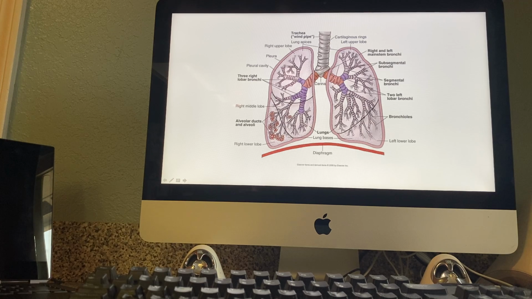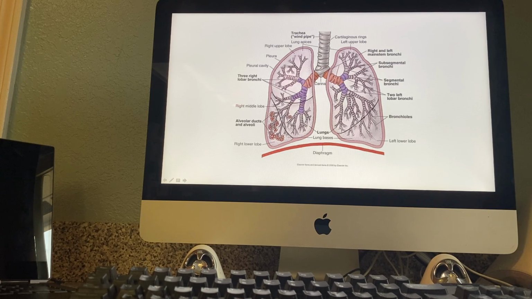On the left side, we have our left main stem, and then it separates into 2 lobar bronchi, so it goes here, up and down. Super easy. Fissures, here's the horizontal fissure, and like we said, that separates your right upper from your right middle lobe, and then here's your oblique fissure, and that separates your middle lobe from your lower lobe.